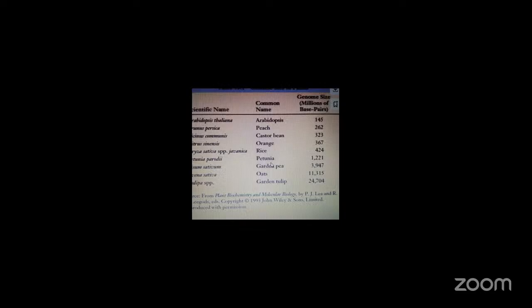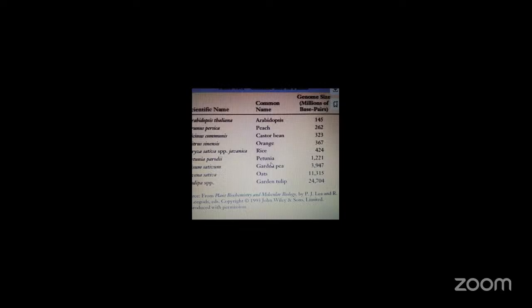So, what are transposable elements? Transposable elements are special sequences of DNA with the ability to move from place to place in the genome. That is, they can move easily from one place to another place. They are also called jumping genes.